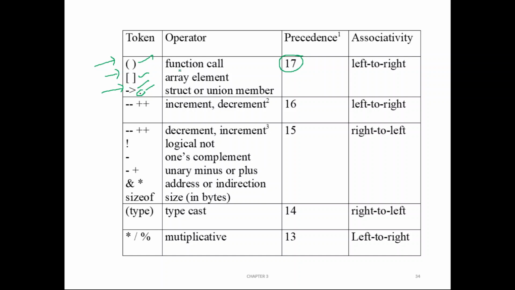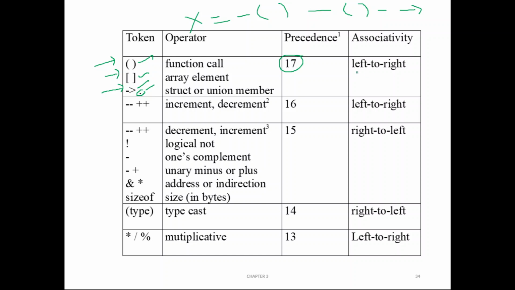If the expression contains more than one such operator, say there is an expression x is equal to something, with one bracket here, another bracket here, and an arrow operator here, then there is a question of which should be executed first.